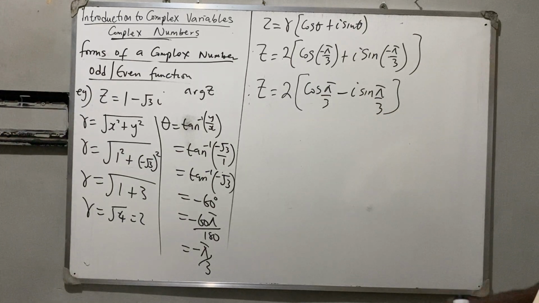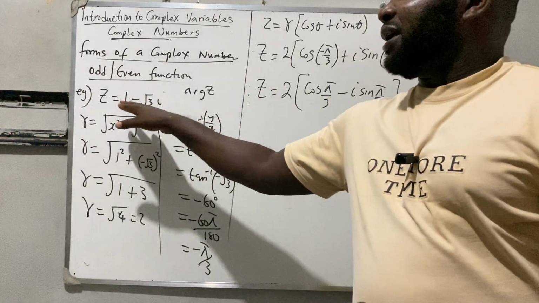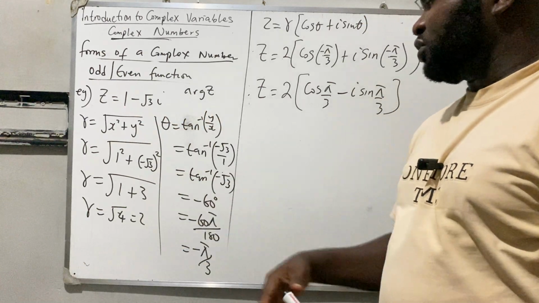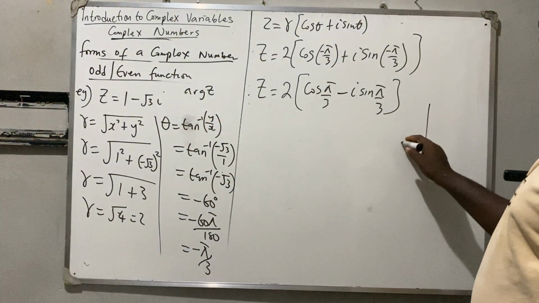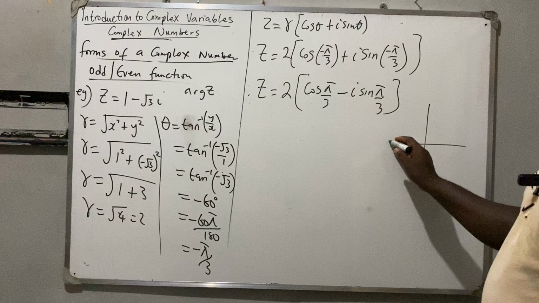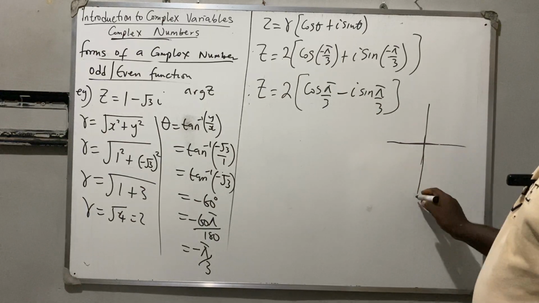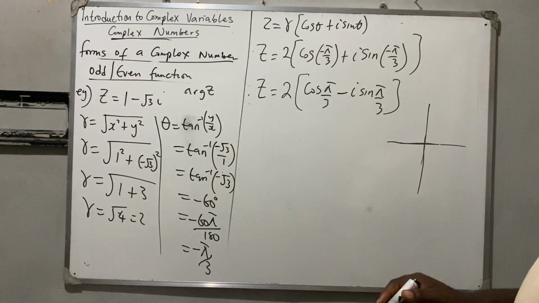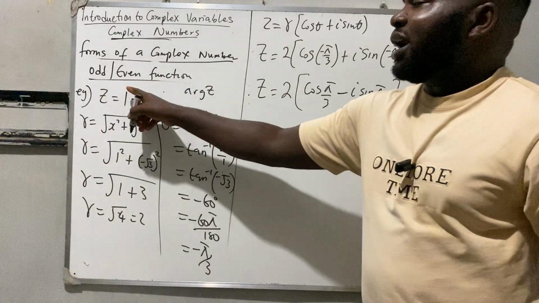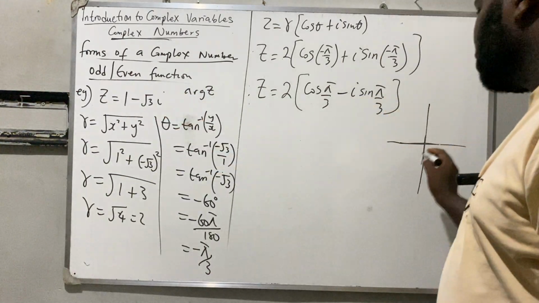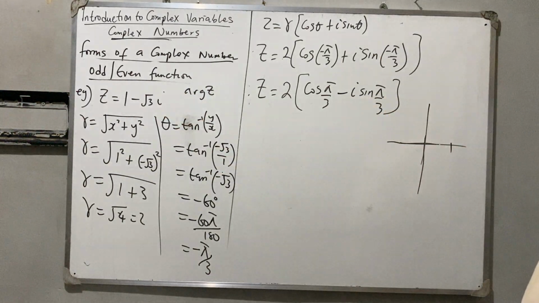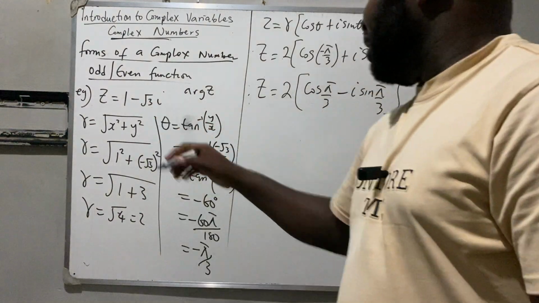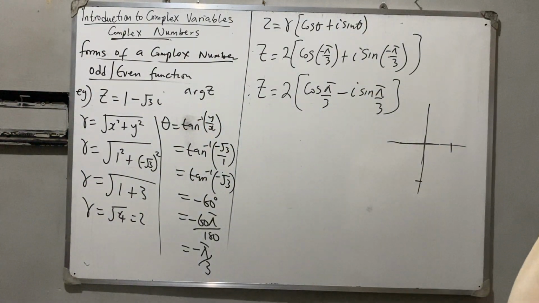The third answer is this: anytime you are given a complex number like this and you want to find the argument, you can first of all represent it in your Cartesian plane. Your x is a positive number, so just draw a line on the positive side. Your y is a negative number, draw a line on the negative side.